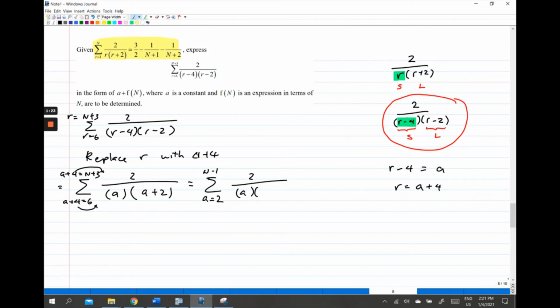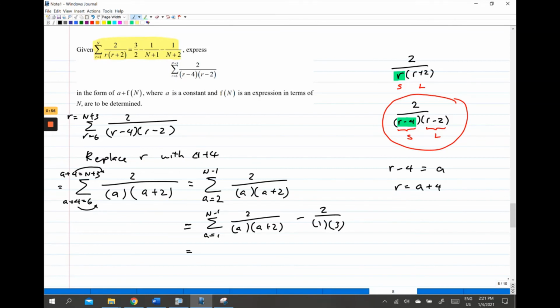So I'm almost ready to use this. Just that you need to notice your r must start from 1, so correspondingly you must have a start from 1. You can adjust this to a. When you introduce a equals 1, you have to subtract away the term when a equals 1, which is 1 times 3.